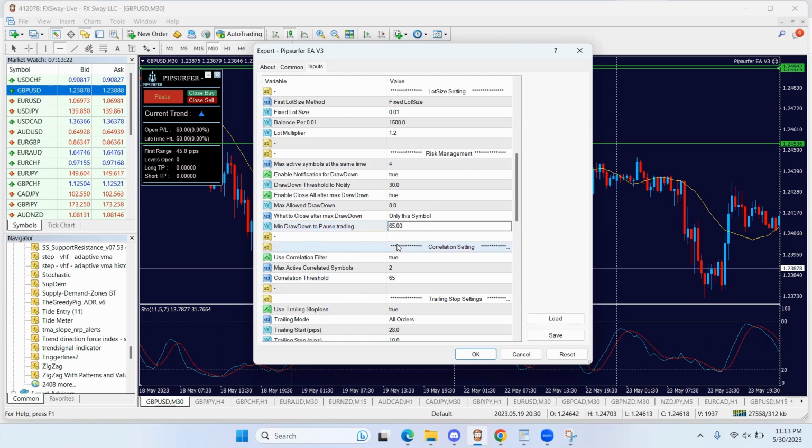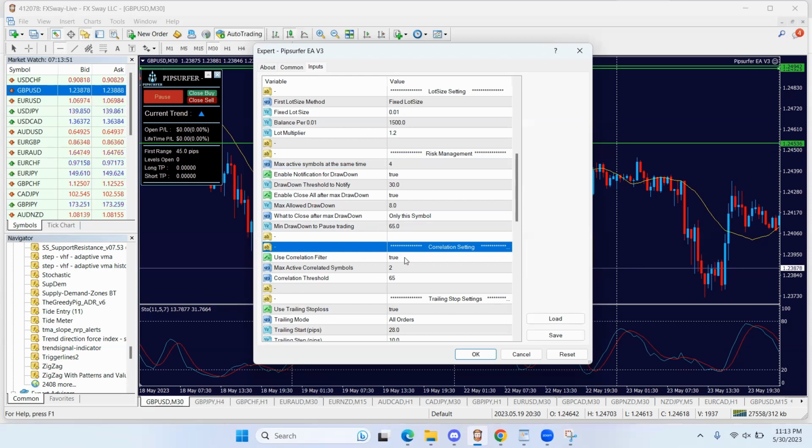So on GBP/USD, I'm going to want it to trade all the way up until it gets to 65% drawdown, as a worst case scenario. There are chances that you have drawdown spikes, but Pipsurfer generally doesn't operate with a high drawdown. It usually does pretty well on keeping it to a manageable level.